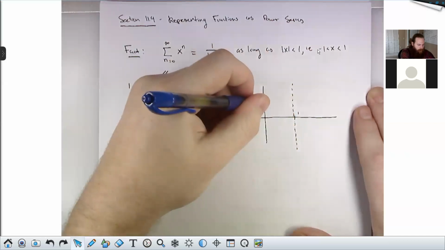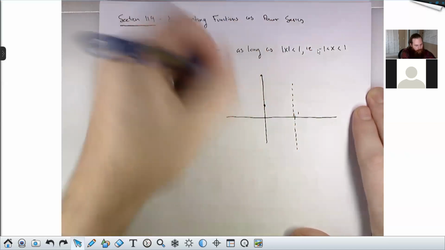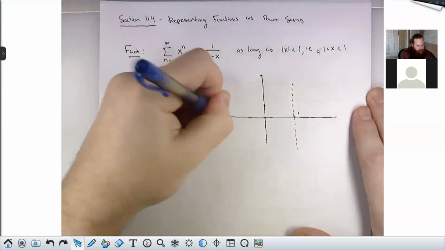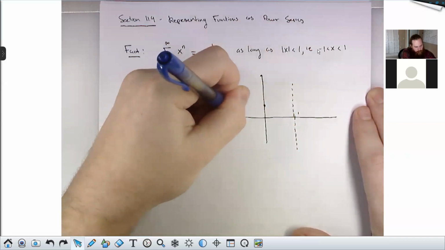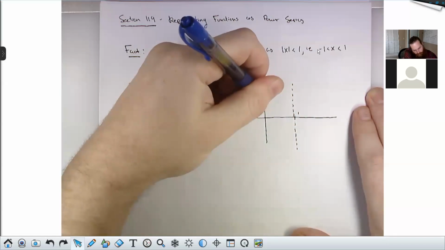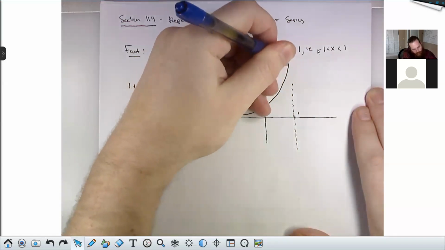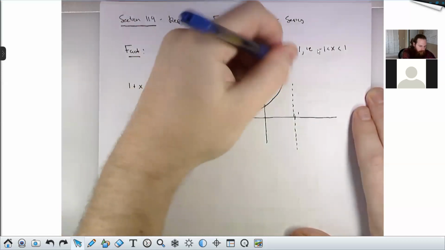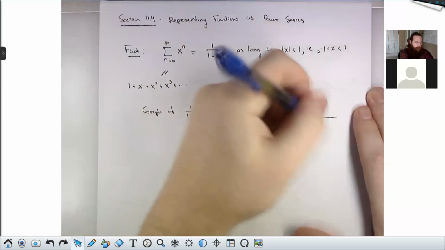Have a y-intercept of (0, 1). Have a horizontal asymptote, y equals 0. So the graph of 1 over 1 minus x looks like this. There's another branch down here.